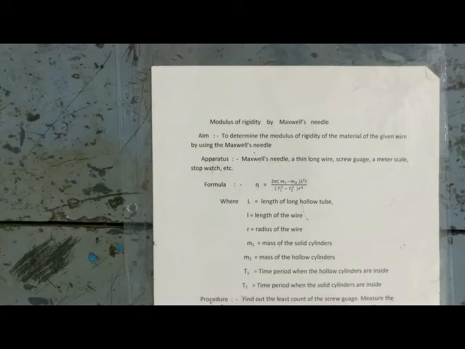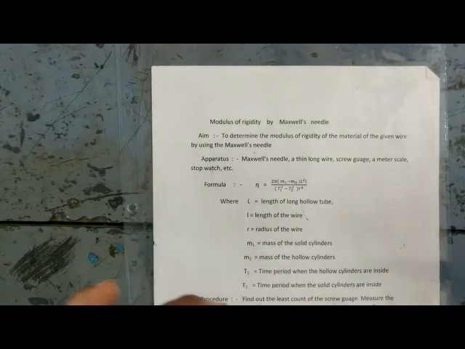We use the formula eta is equal to 2 pi (m1 minus m2) L [L squared upon (T1 squared minus T2 squared) R to the power 4], where capital L is the length of the hollow tube.